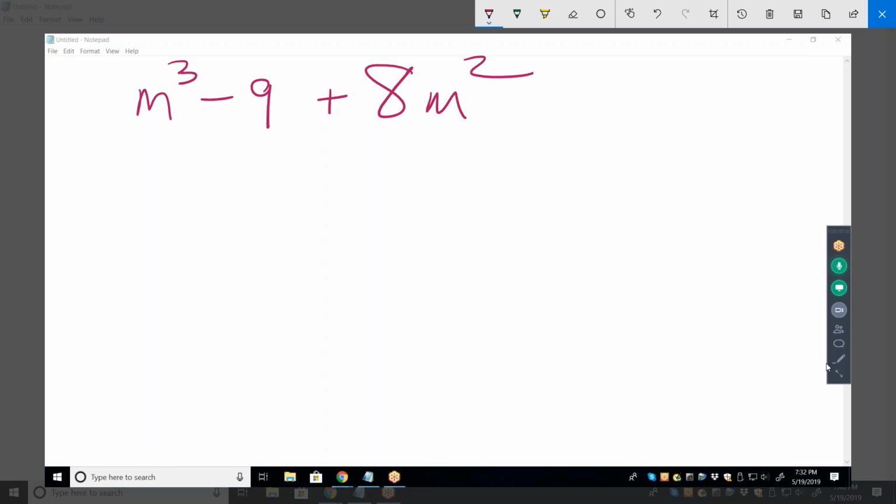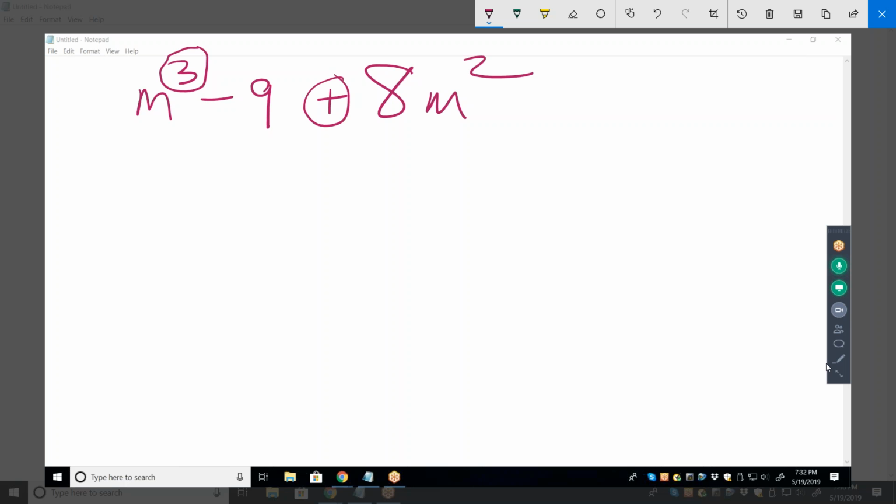What degree is that polynomial? Cubic, right? It's always the biggest one. The degree is 3. And notice that it's being added to that.